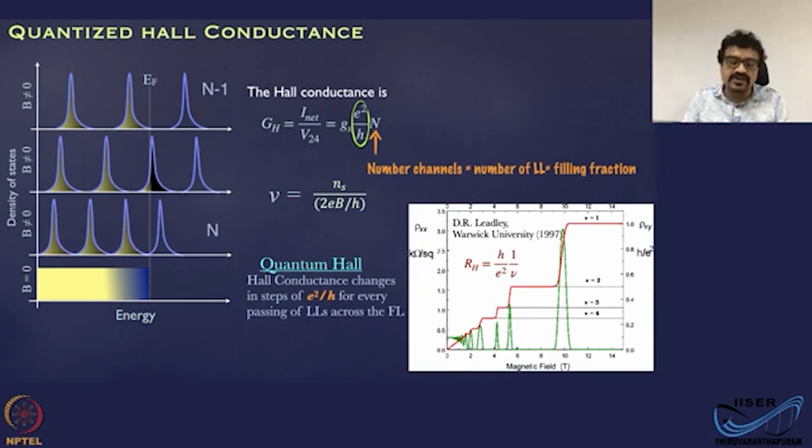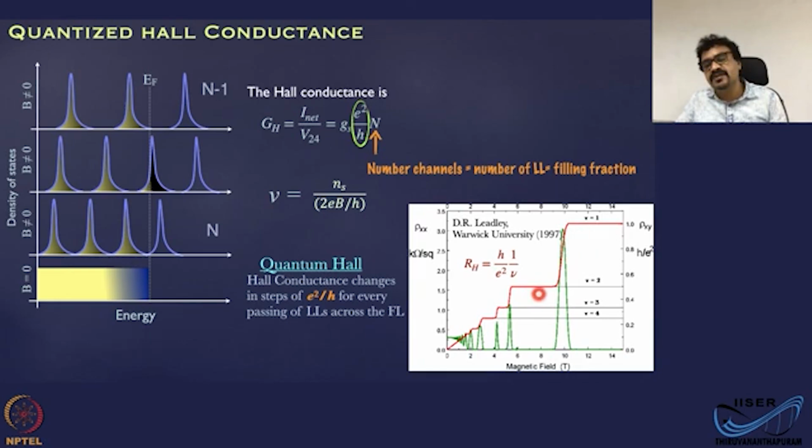This is what you are going to measure, just as we discussed in the previous slide. Now the moment this is crossed, there is a change, because that is where you change from n number of channels to n plus 1 number of channels.